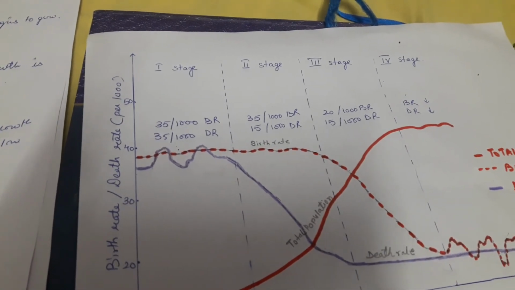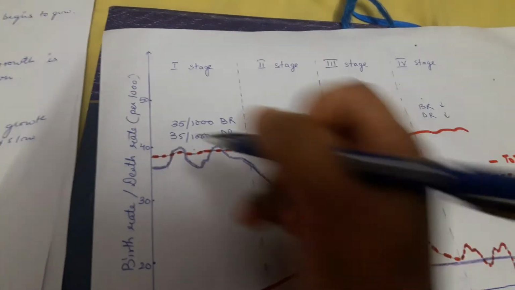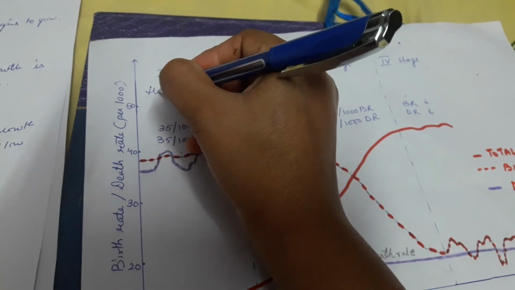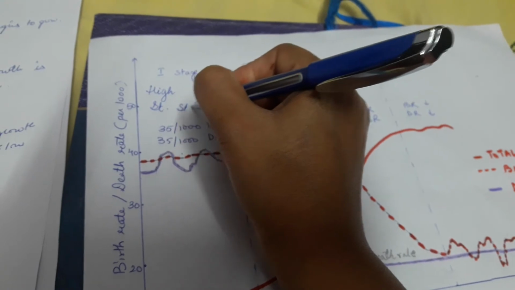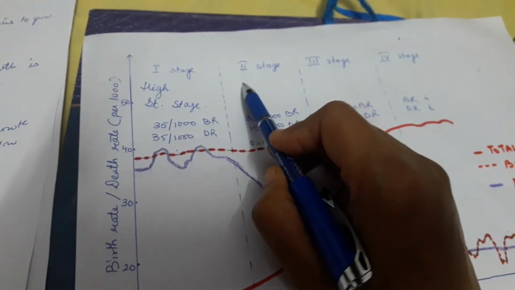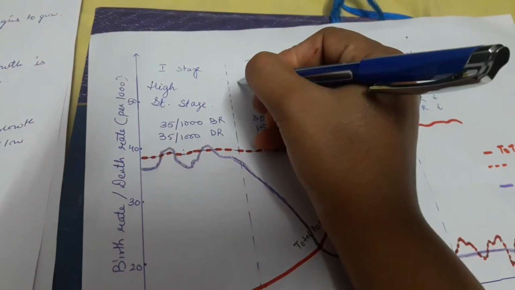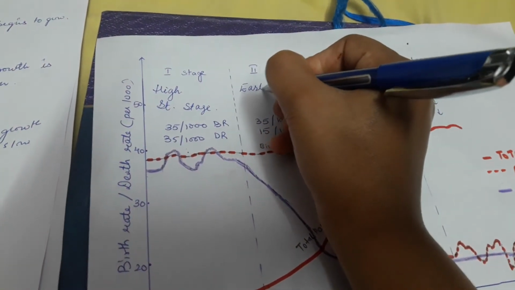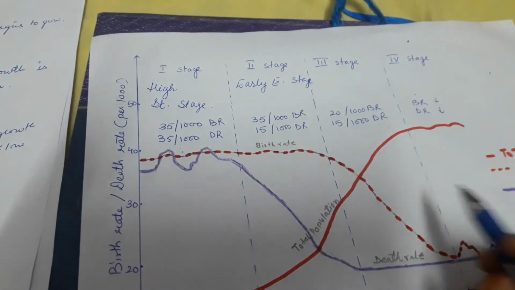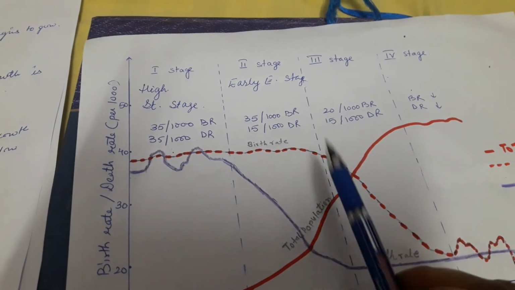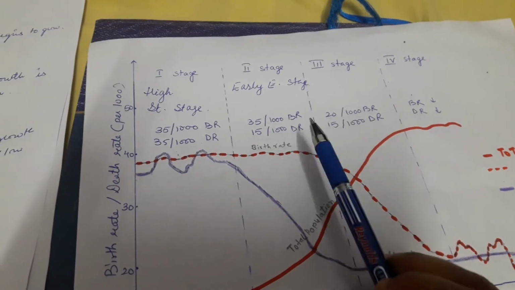The first one was the high stationary stage, and the second one is the early expanding stage, where the birth rates are high but the death rates are decreasing.